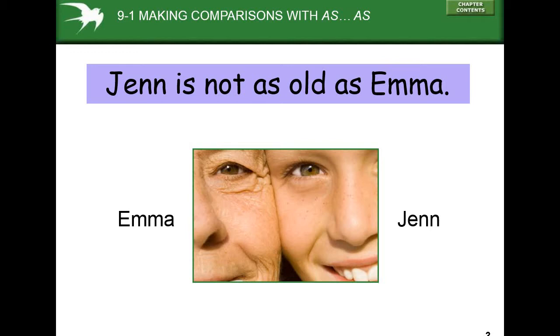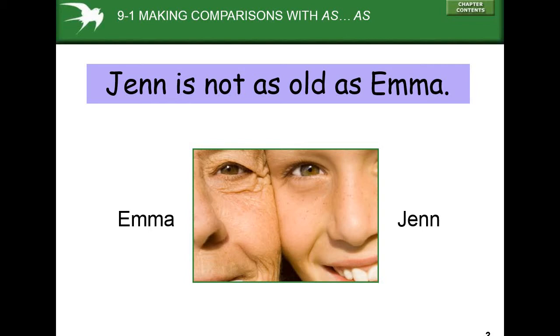Making comparisons with as and as, we are going to discuss two different things. Jen is not as old as Emma. You can see two faces in this photograph. One is older, one is younger. Who is younger? Jen is younger. Who is older? Emma is older.